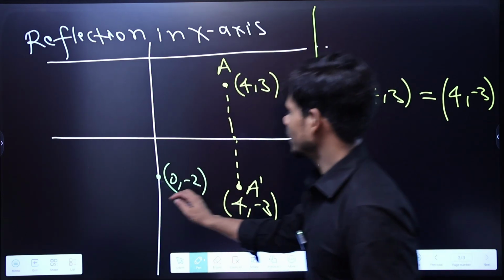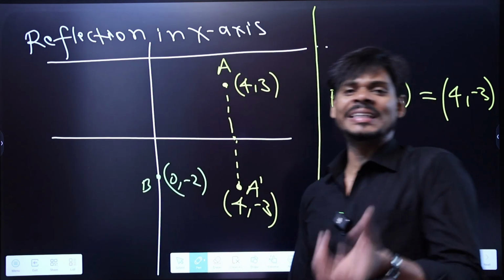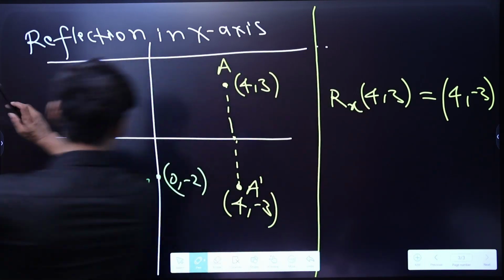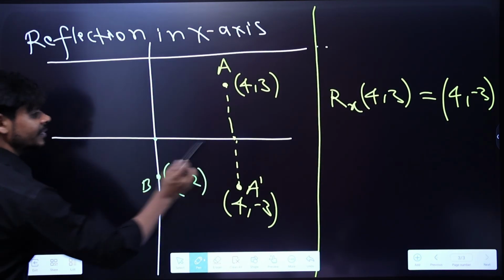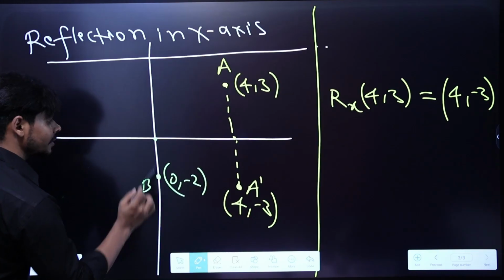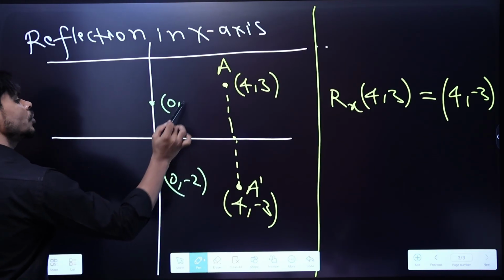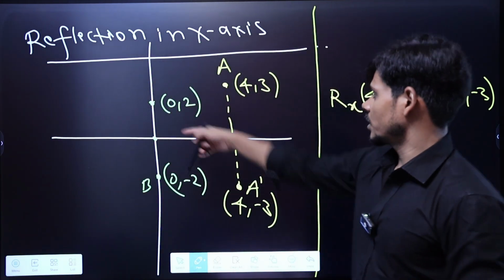Fine. Now let's say this point is B, and I want to find the image of this point about the x-axis. So your x-axis will act as the mirror. If this is the mirror, then the image will lie approximately over here, and this one will be (0,2), because it is on the positive y-axis.